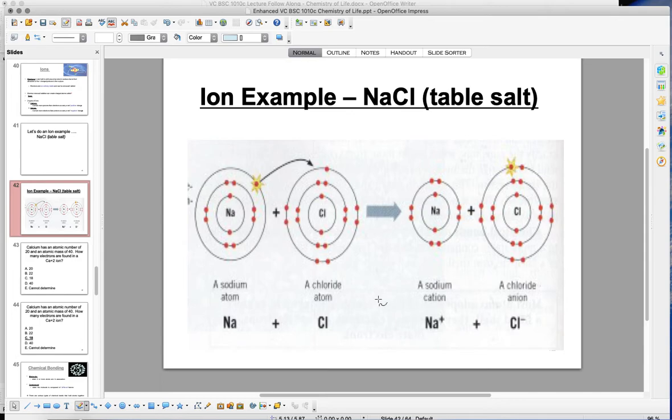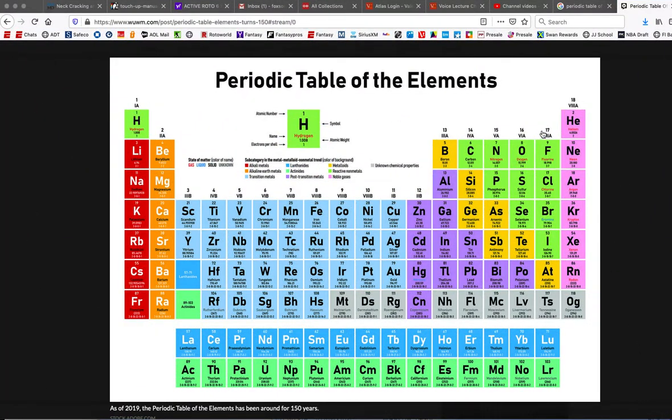An ionic bond, on the other hand, involves atoms that have different electronegativities. So, for example, sodium and chlorine. When we look back at the periodic table, chlorine is in this column, which is 7 valence electrons. So remember, super electronegative, super aggressive, because chlorine's only missing 1 in its valence shell.